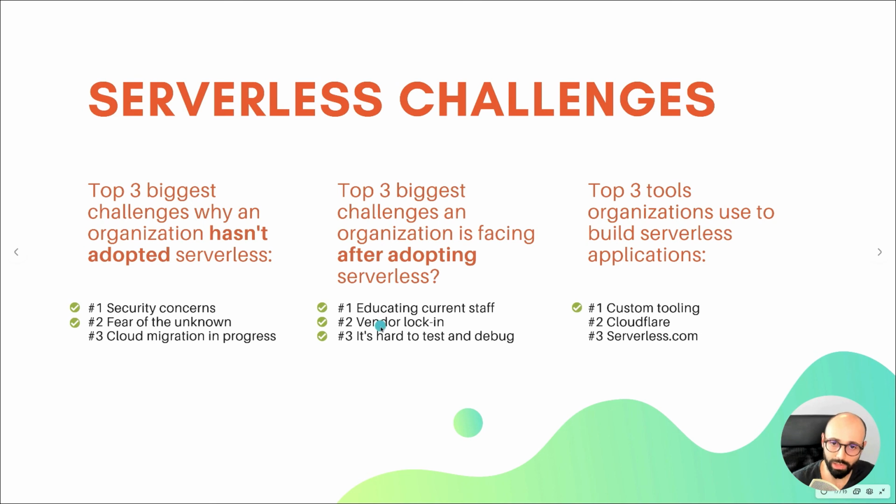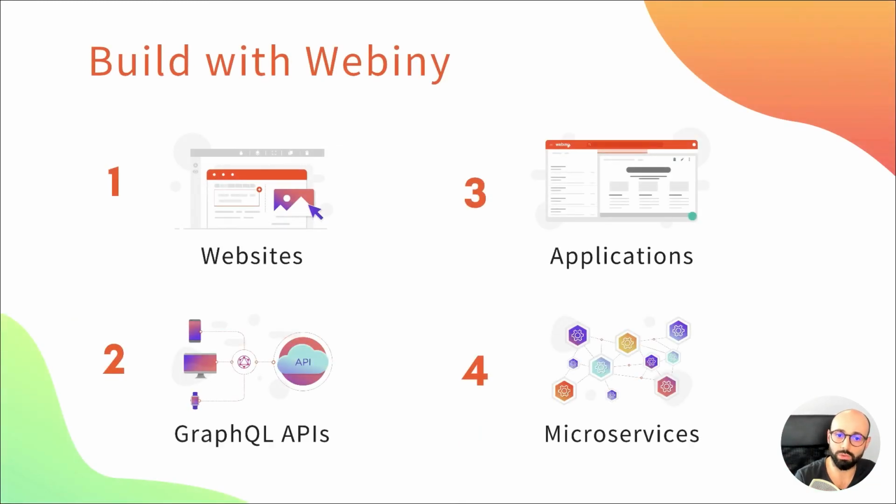So we solve a lot of these challenges when it comes to adopting serverless and after adoption. But also, we eliminate this bit. There's no need for custom tooling with Webiny. You will find everything you need to build a website, an application, a GraphQL API, and a microservice in Webiny.